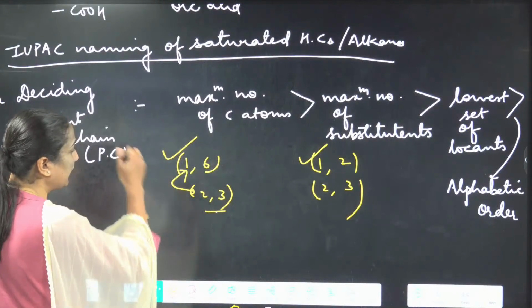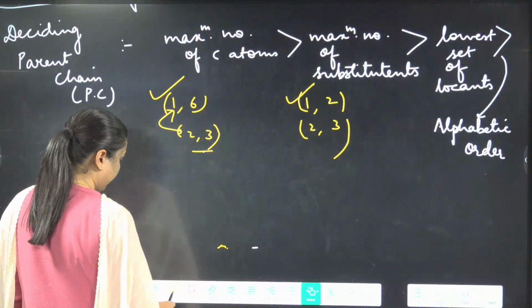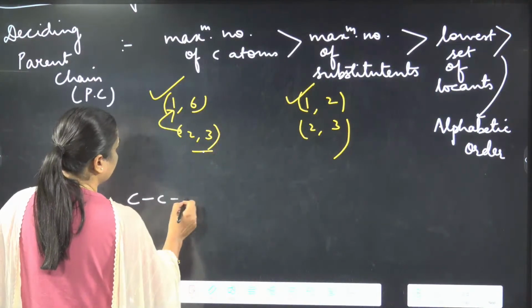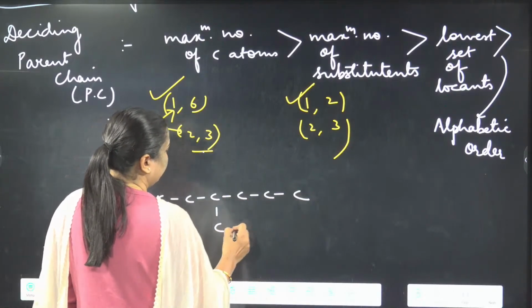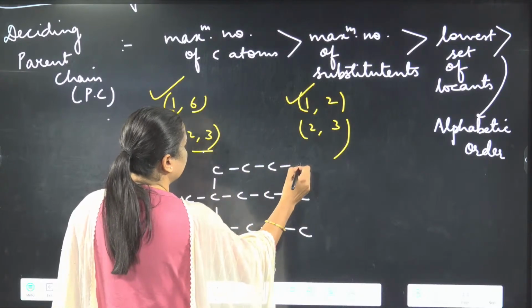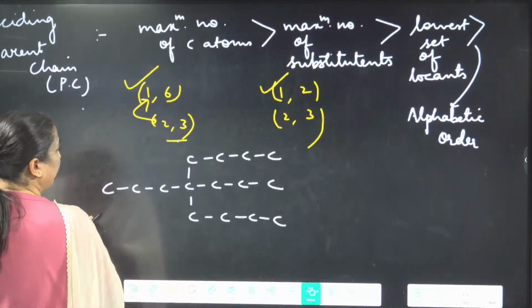So first write this, then I'll give you a few examples. In this, you have to select the parent chain.